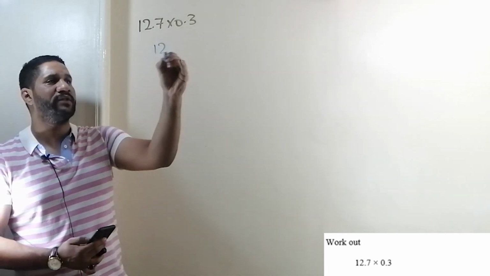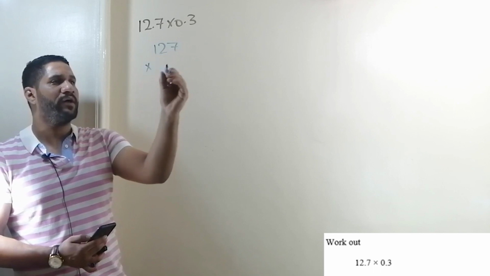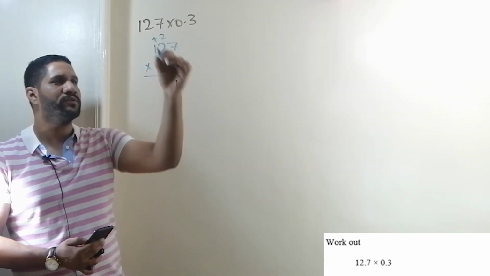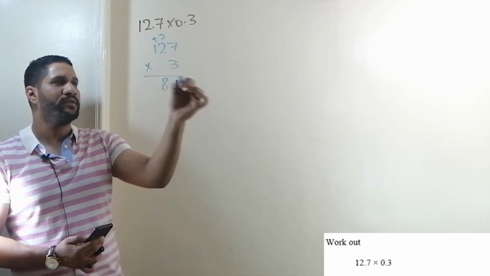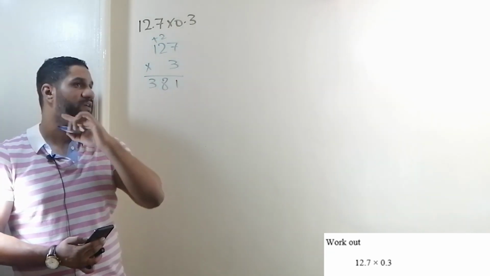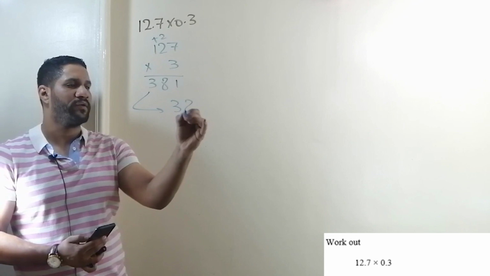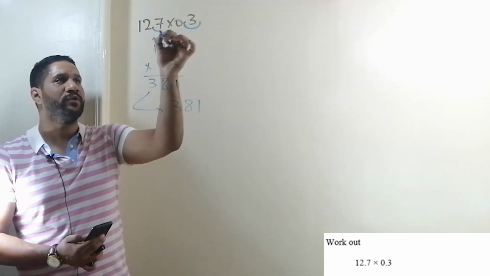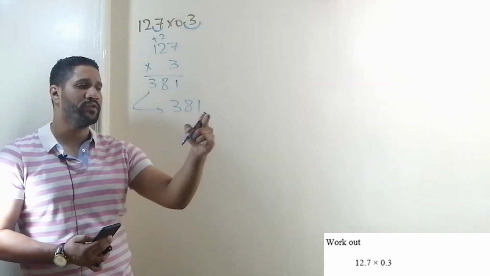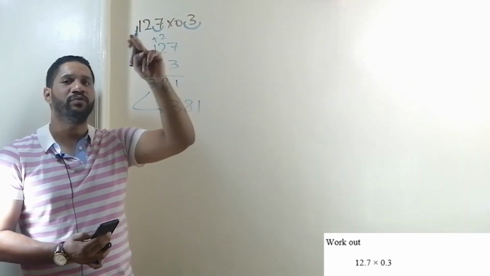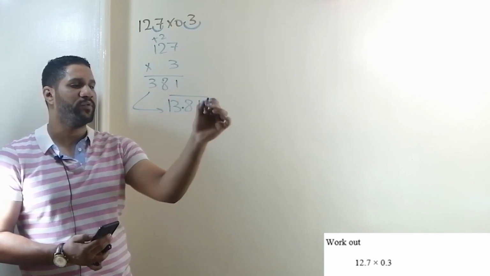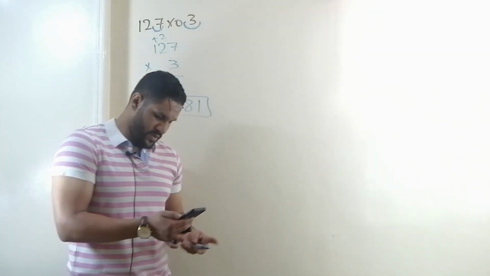So it's 127 multiplied by 3. 3 times 7 is 21, so 1 carry 2, 6, 8. So it's 381. I can see that the question is shifted 1 decimal place and the other also 1 decimal place, so the answer will be shifted by the total number of decimal places. So the answer is 38.1.